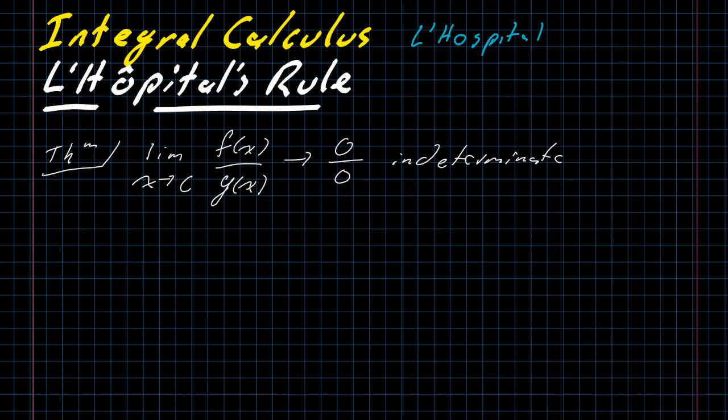L'Hopital's rule does work no matter what indeterminate form it is, whether that's 0 over 0, infinity over infinity, or one of the others that you may not have seen prior to this video. They all will work. It's just that the 0 over 0 is the one that's easy to prove.